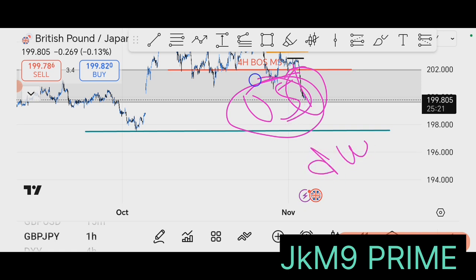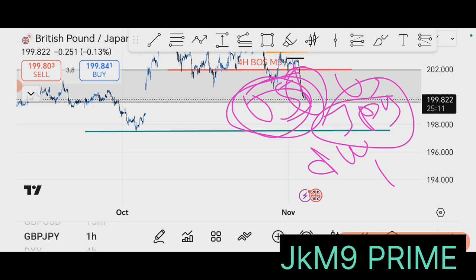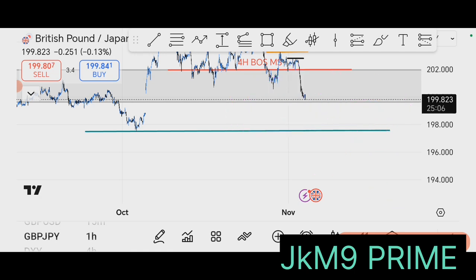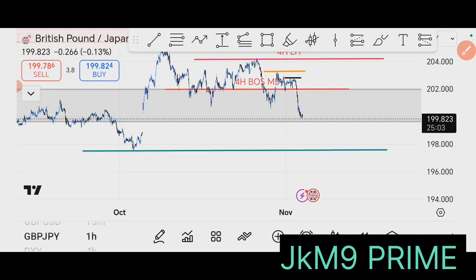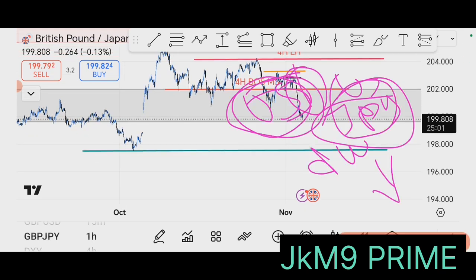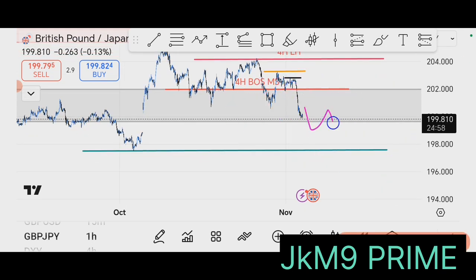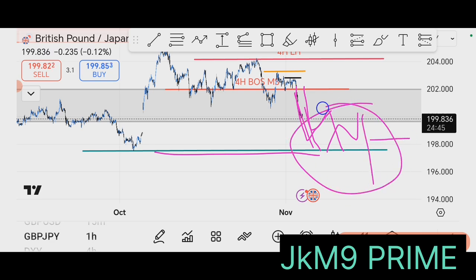It's showing some volatility, so based on the US volatility, the Japanese yen moves towards a downtrend. That's the reason maybe it will show some rejection at this place. It may not show the rejection, it may directly reach the support level, then maybe show some rejection, then go down also. That can happen.